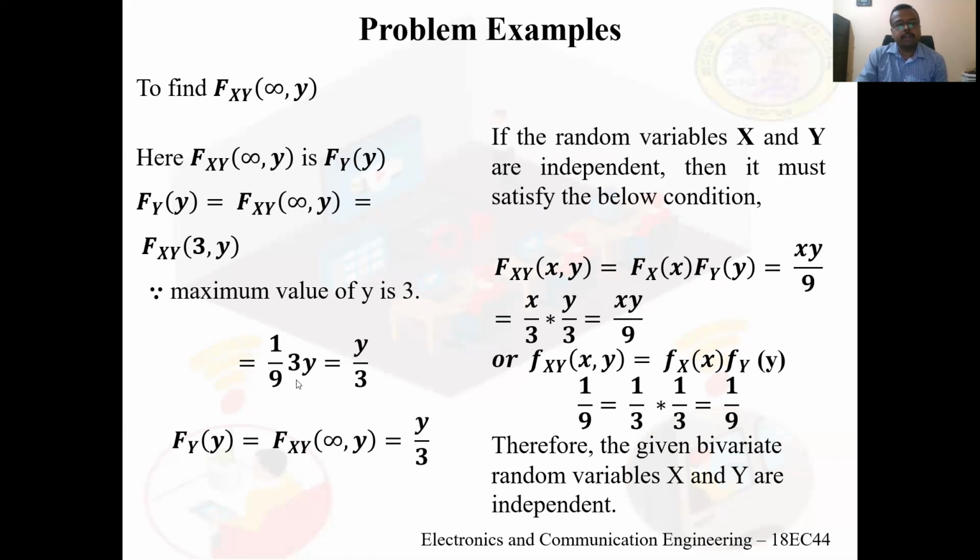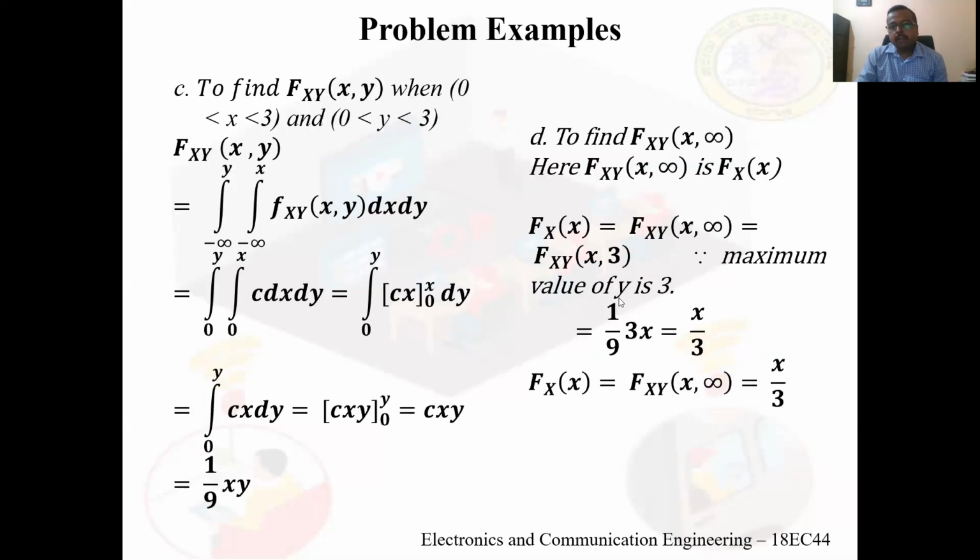If we integrate this, you get 1 by 9, 3y, and 3 by 9 will be y by 3. So Fy of y is equal to what now? Fxy of infinity comma y is equal to y by 3. Everyone understood this? The maximum value of y is 3 because the range is 0 to 3 here. Similarly for this one, the maximum value is 3.